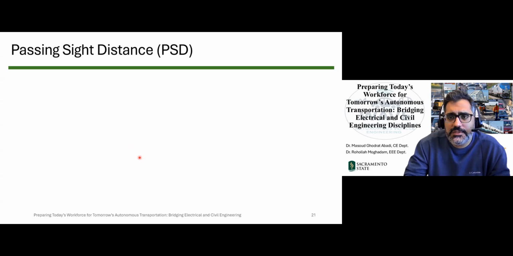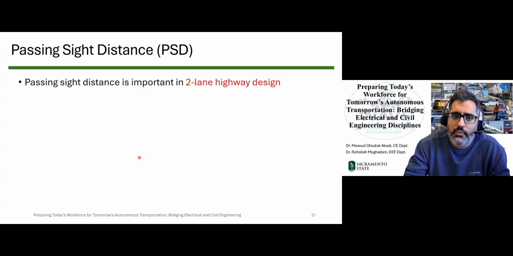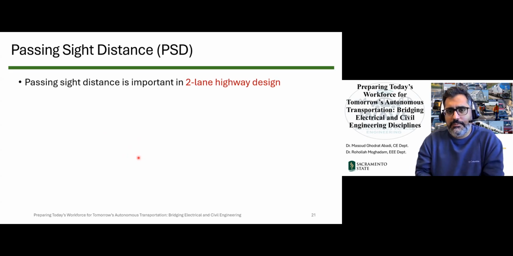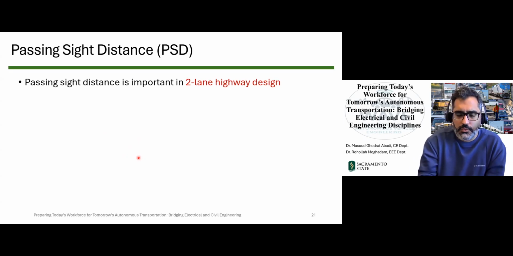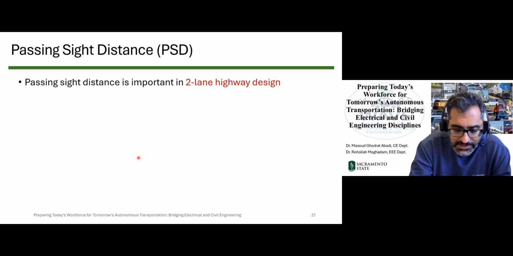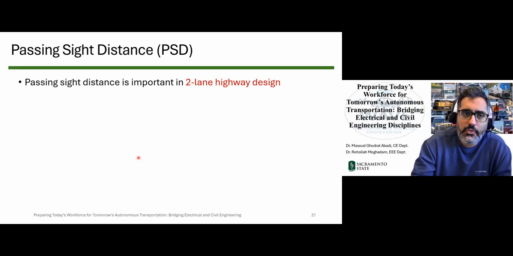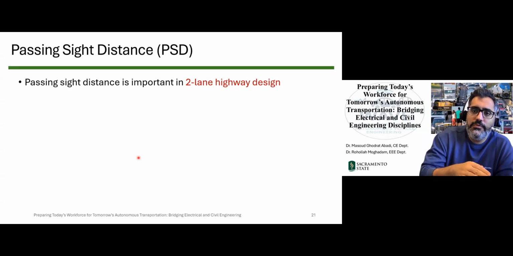This was everything about stopping sight distance. But what about passing? If we want to provide passing opportunities on our roadways. Now, passing opportunity is only related to two-lane highways because in order to pass a slow-moving vehicle, you have to occupy the opposing lane.